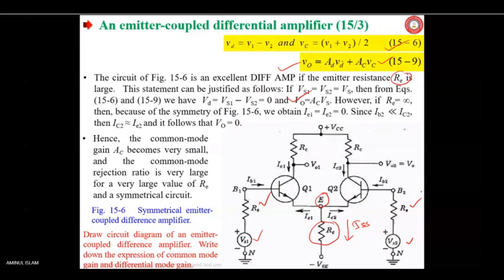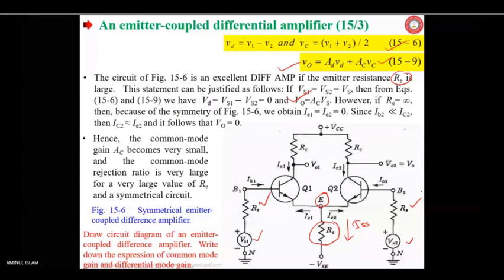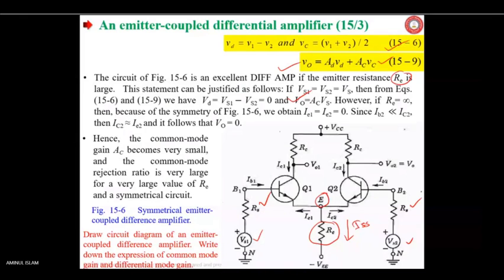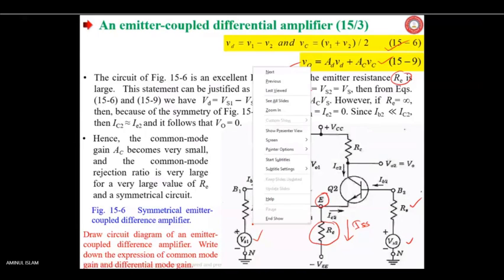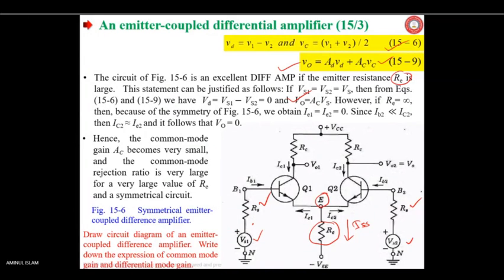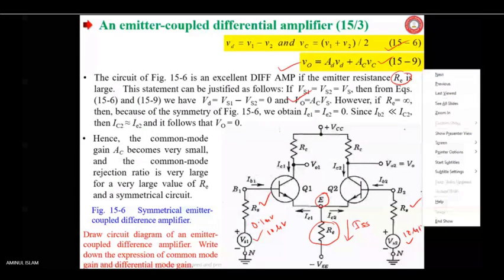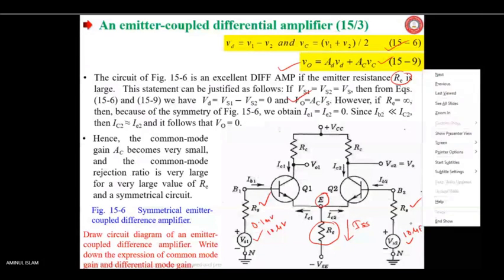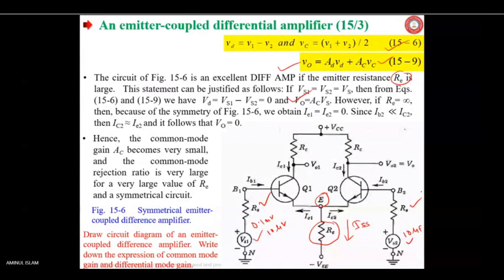Can we write or not? If both the signals are the same, say both maybe 0.1 millivolt or say 10 microvolt, but both are the same, whatever it is. Okay. Both are the same.